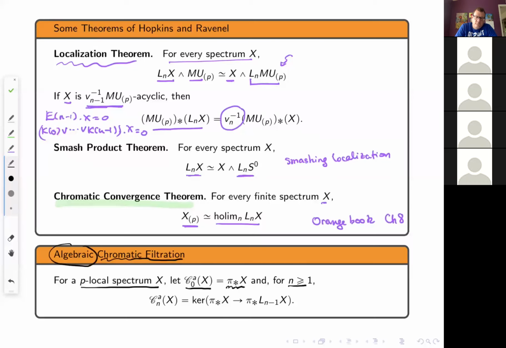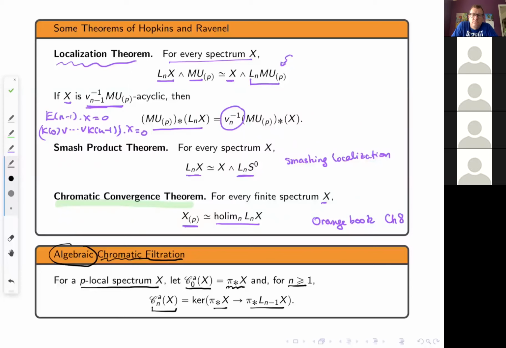And if n is bigger or equal to 1, then the nth piece of this filtration is going to be the kernel of the map from pi star of X to pi star of ln minus 1 of X. So there's a map from X to ln minus 1 of X, which is the localization, and it's just the kernel on homotopy for that map.